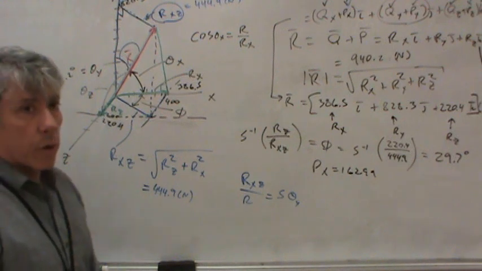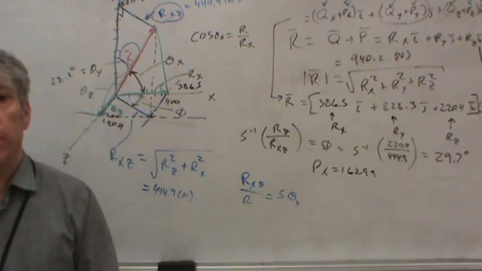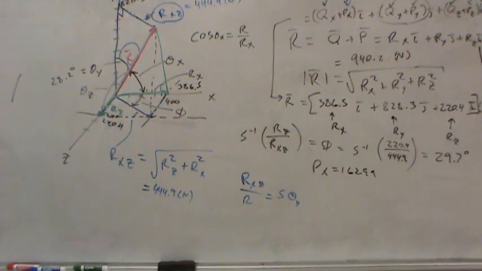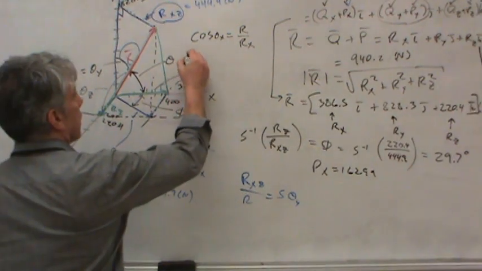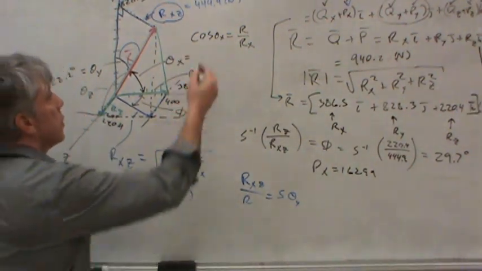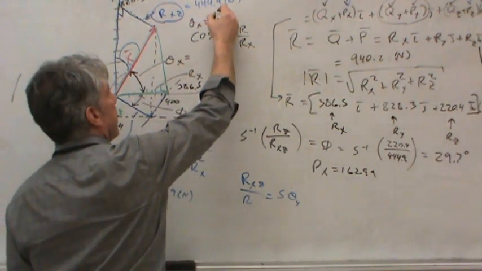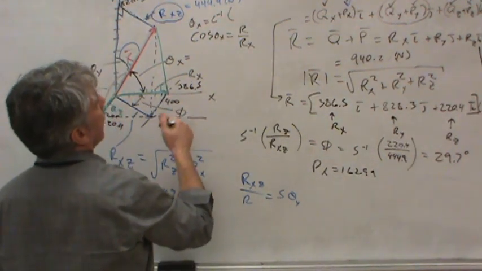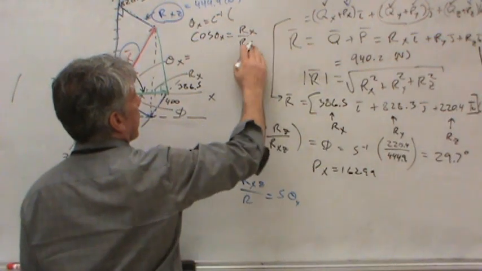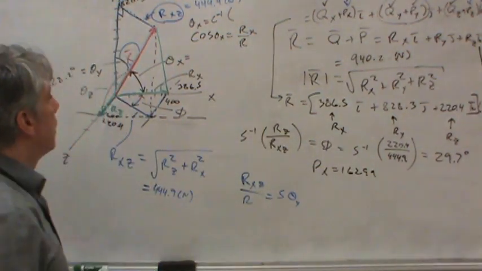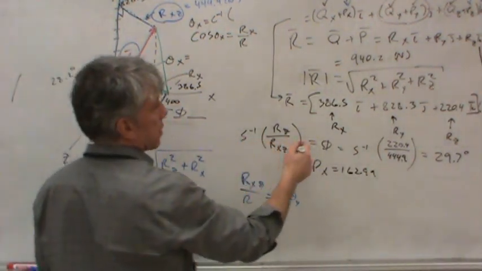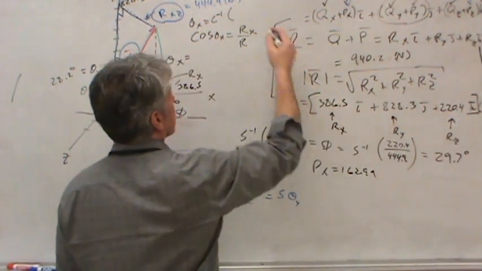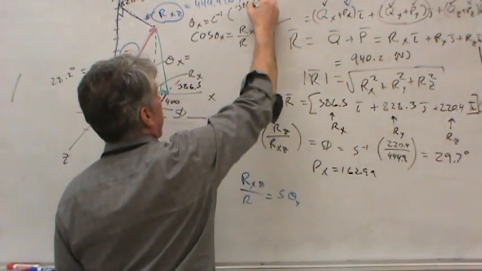Theta x is just a coordinate angle. It comes off of one of the axes, the x-axis in particular, and goes to the vector r. Okay. So basically, theta x would be the inverse cosine of r over r. I've got that backwards, I apologize. It should be rx over r, I'm sorry. So rx is 386 and a half.